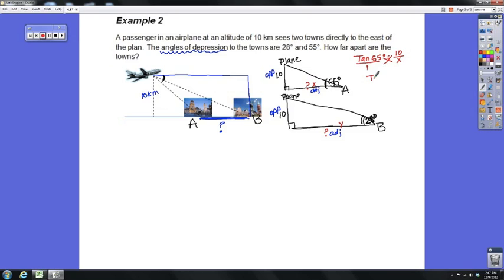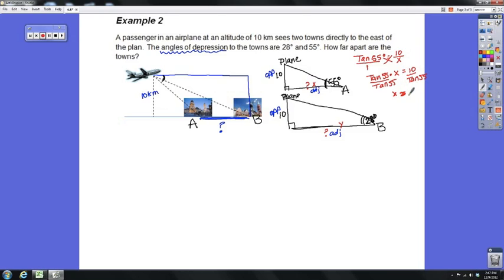So watch what happens. Tangent of 55 times x equals 10. To solve for x, you have to divide by tangent of 55. So this one you end up dividing. In your calculator, you need to do 10 divided by tangent of 55.